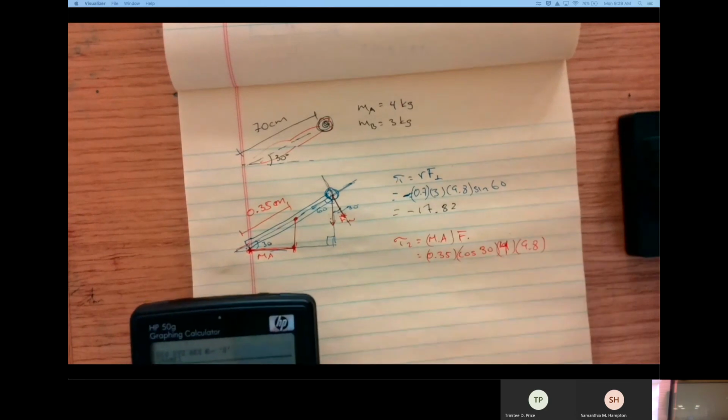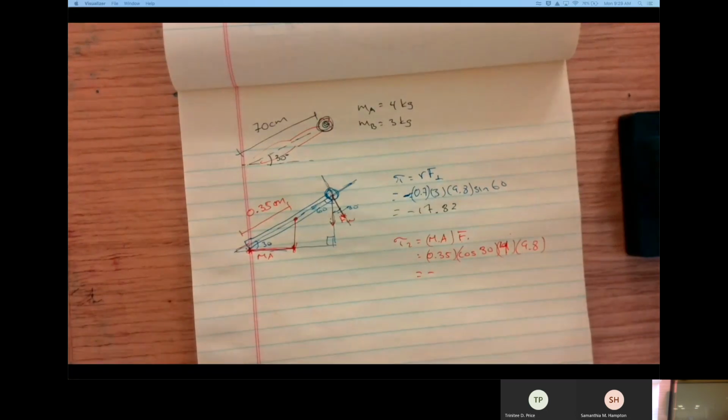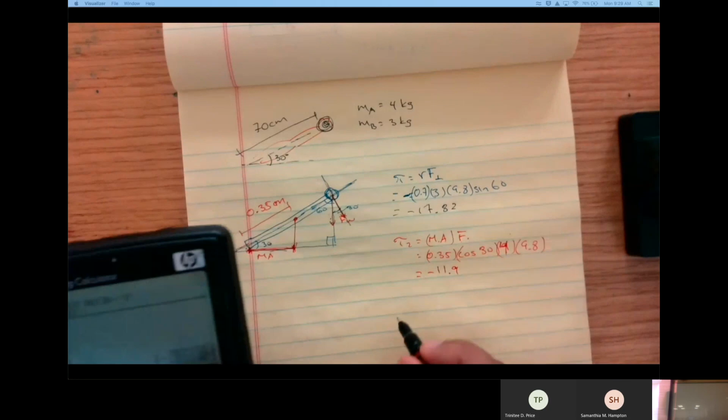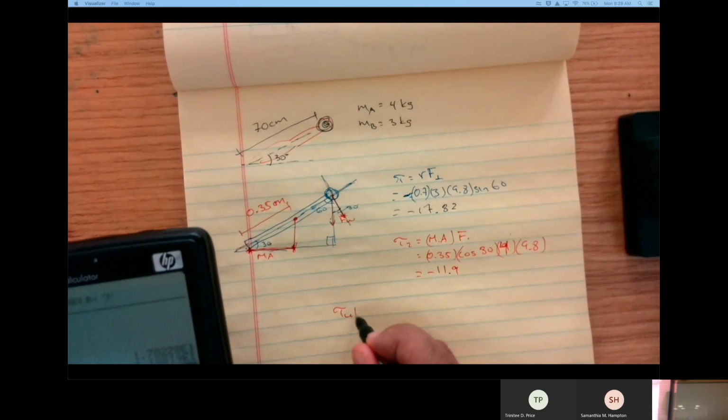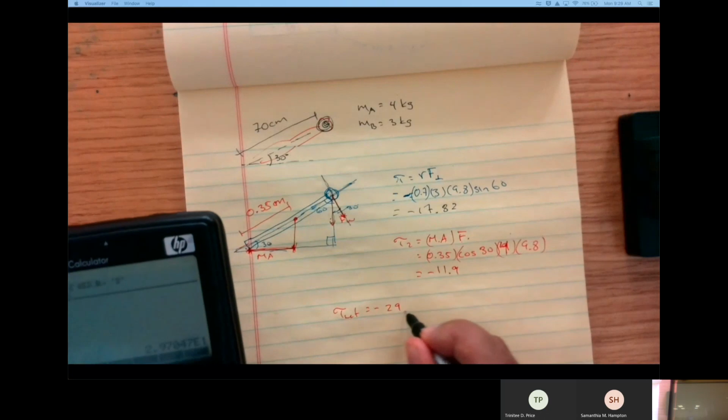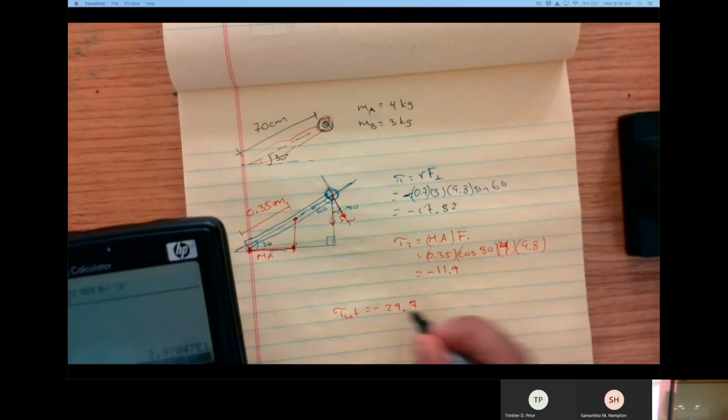And this one is going to give me negative 11.9. So the net torque will be negative 29.7 newton meters.